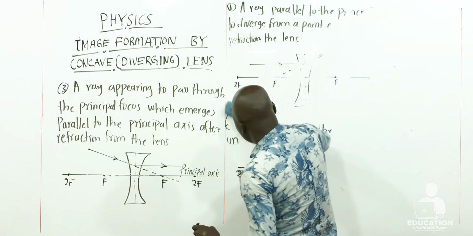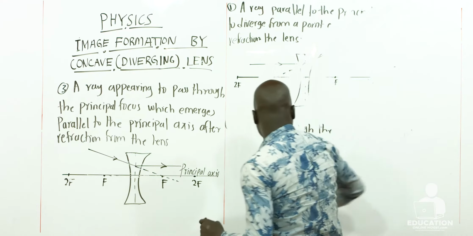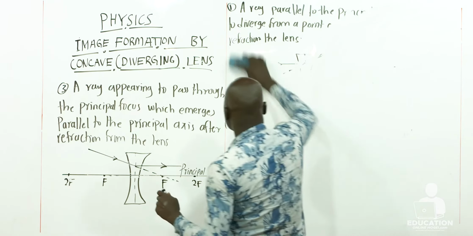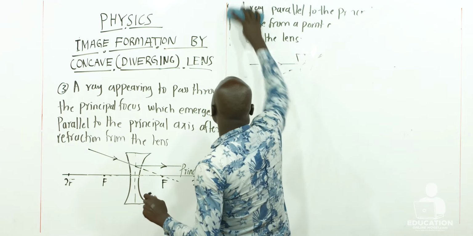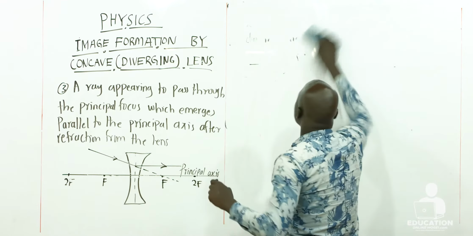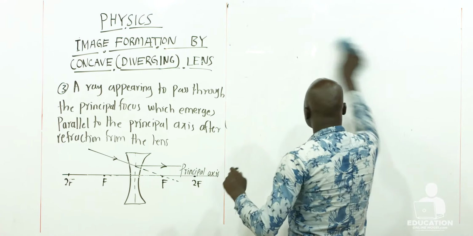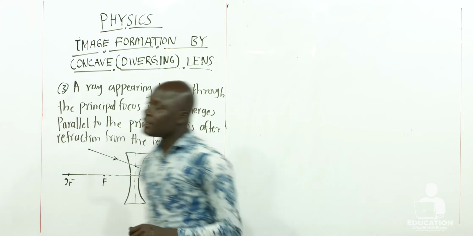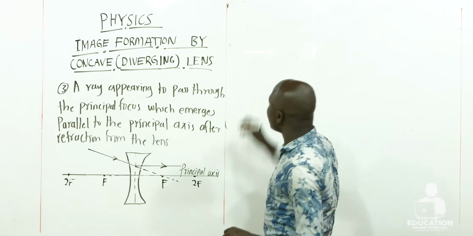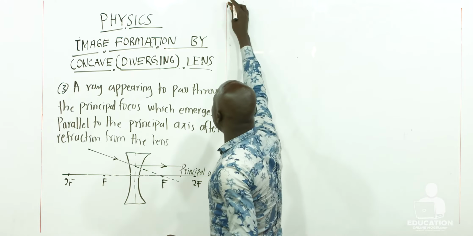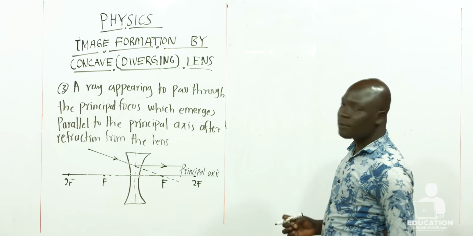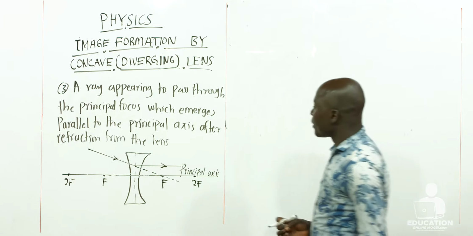One, we are going to look at an object placed at the principal focus, that is, an object placed at F. The principal focus of a concave lens is a point along the principal axis from which all rays that are parallel and close to the principal axis appear to diverge after refraction from the lens.